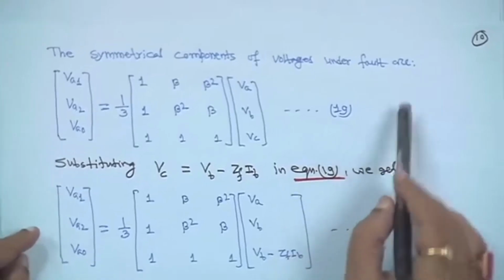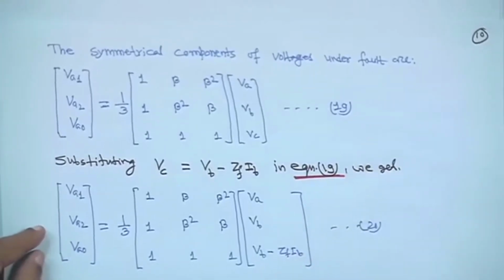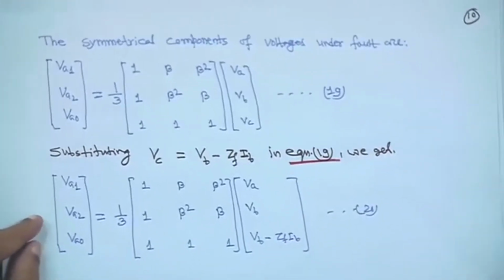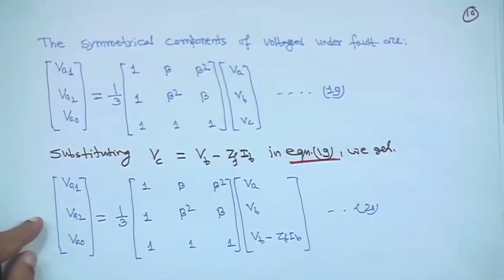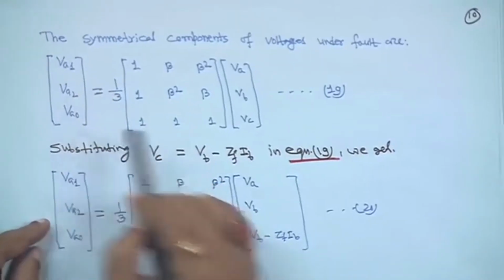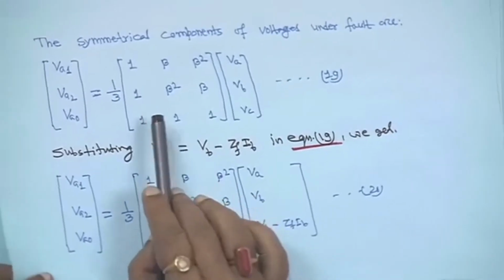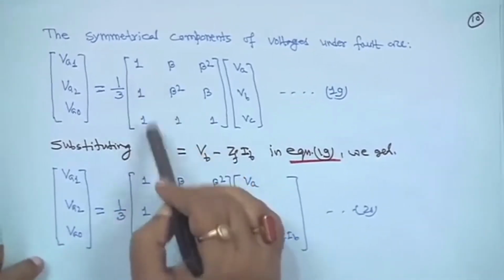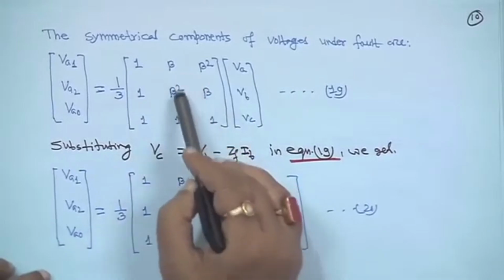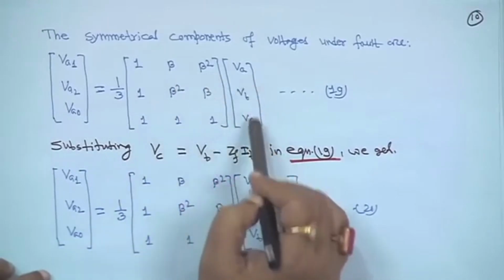With this, the symmetrical component of the voltages under fault are VA1, VA2, VA0, we know this, repeating from the symmetrical component only, that 1/3 times the matrix 1 beta beta square, 1 beta square beta, 1 1 1 multiplied by VA VB VC.